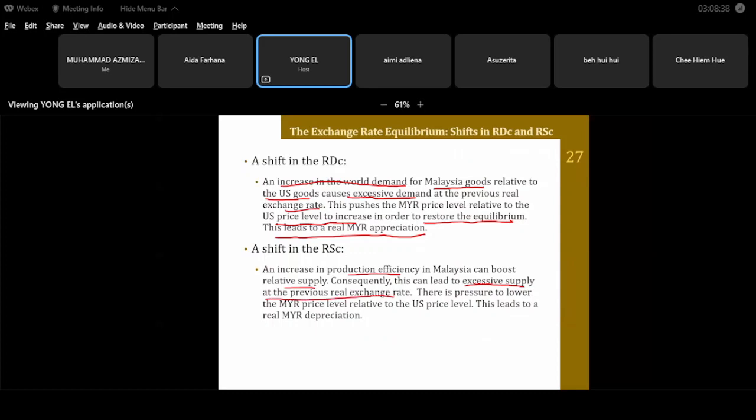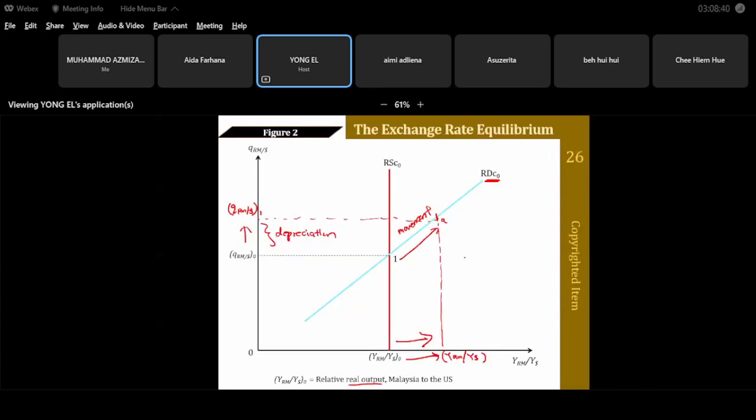Let's see what happened. We draw demand and supply curve again. Okay, this is P, this is Q. This is the demand curve, and this is the supply curve. Supply in the domestic market increases, so the supply curve will shift to the right side. What happens is the price decreases in the domestic market.